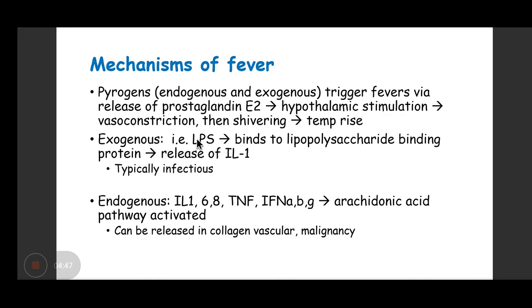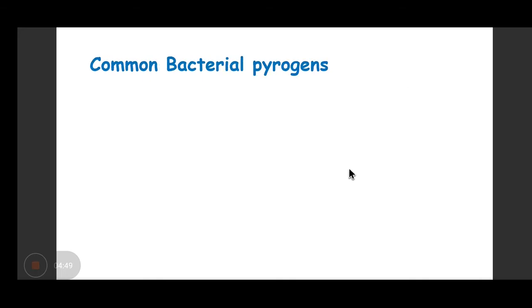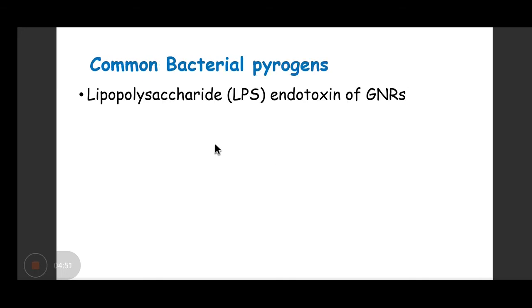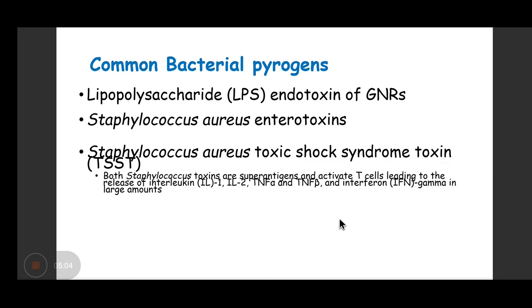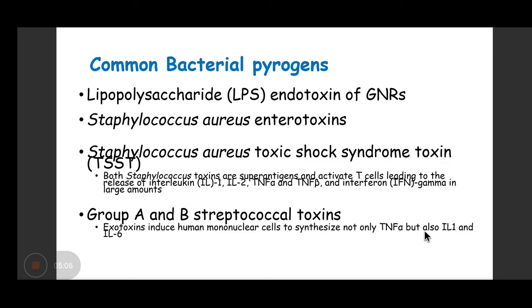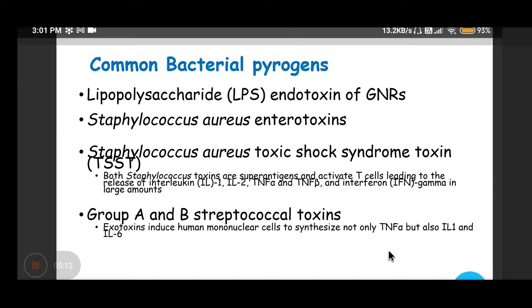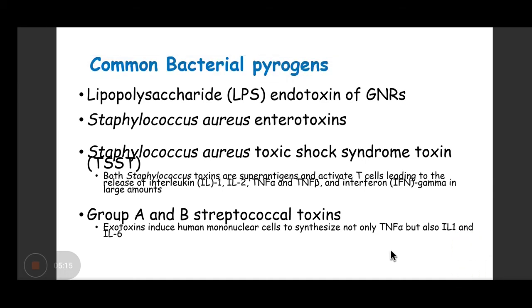And what are these bacterial substances? In gram-negative bacteria, there is lipopolysaccharide, which is endotoxin, present in all gram-negative organisms. In gram-positive organisms, apart from lipopolysaccharide, there are also some toxins, for example, Staphylococcus aureus enterotoxin, toxic shock syndrome toxin, or group A and group B streptococcal toxins.